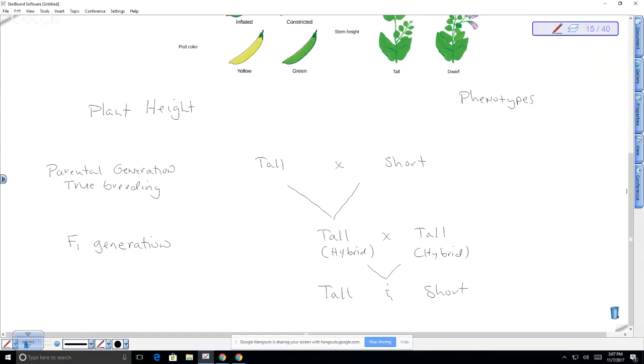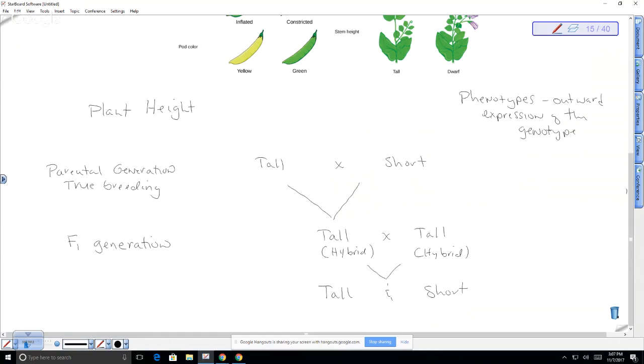What we now need to ask is what are the genotypes, or combination of alleles, that we would find in these different phenotypes. So the phenotype is the outward expression of the genotype. Okay, so we're going to talk about what genotype is now. So that's what they look like.